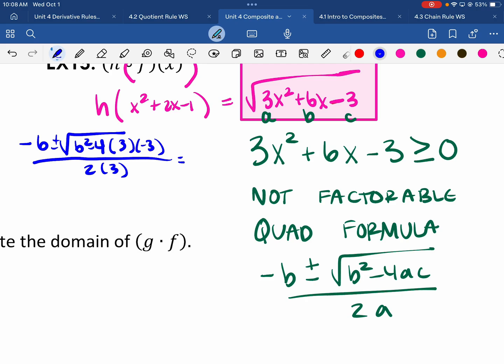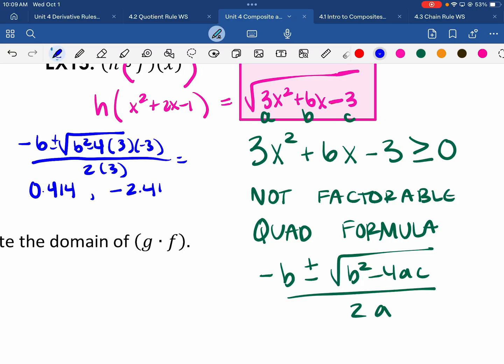And this would be a calculator question. I'm not going to make you do that without a calculator. And so you would type all that in. You can't type a plus sign in though, so you would have to type it in once with a plus and once with a minus. Does that make sense? So you would type it all in, and it would give you the answers of 0.414 and negative 2.414.